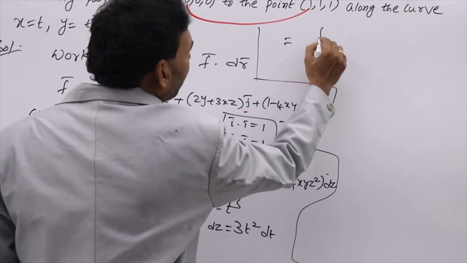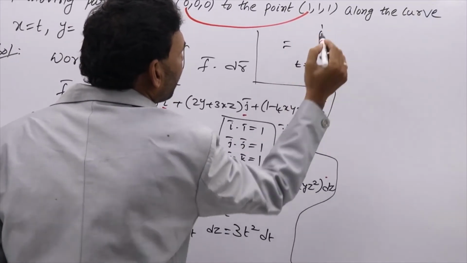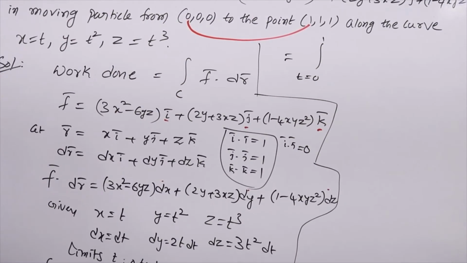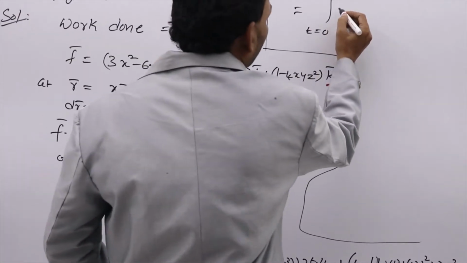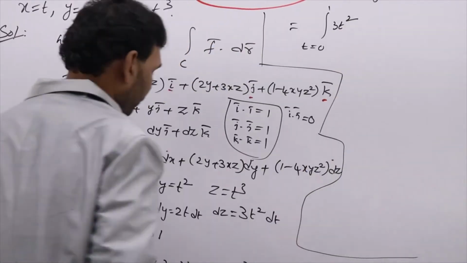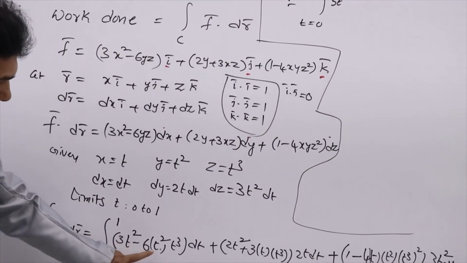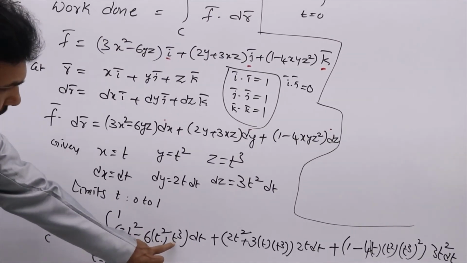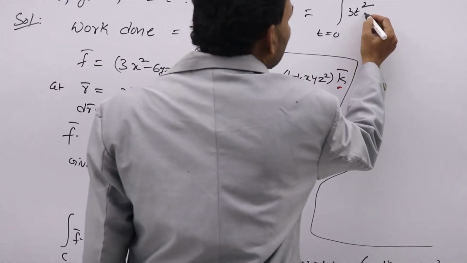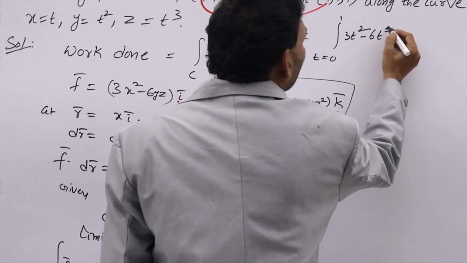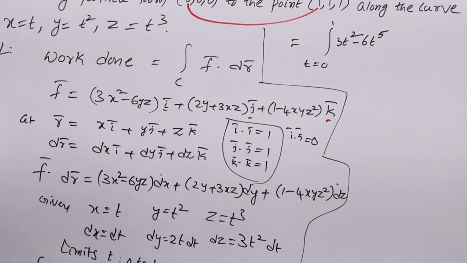So that equals integral t equals 0 to 1, 3t square. Here we will have 3t square minus 6t square into t cube. t square into t cube is t power 5, so 6t power 5. dt will be common, so I am going to write dt at the end.